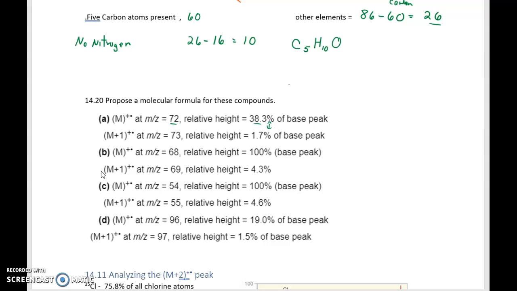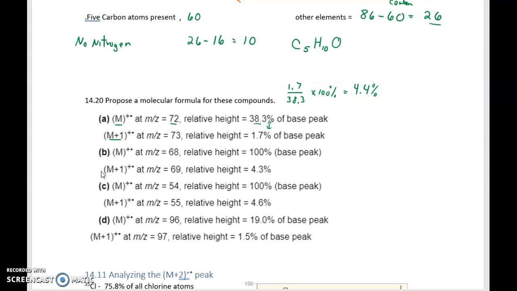And so we'll take our 1.7 and divide by 38.3 times 100%, and that will give us 4.4. That's just percent. That gives us the percent of this M+1 peak compared to the M peak.